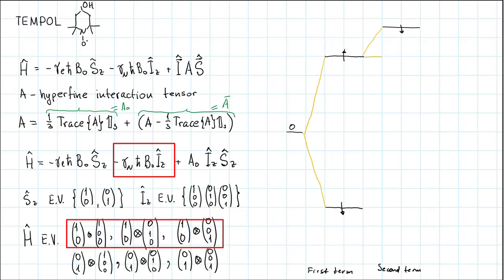They are drawn here. Similarly, the action of the second Hamiltonian term on the other three spin states is evaluated. The corresponding energy level splittings are drawn here.